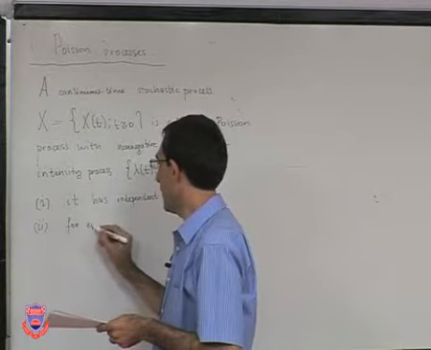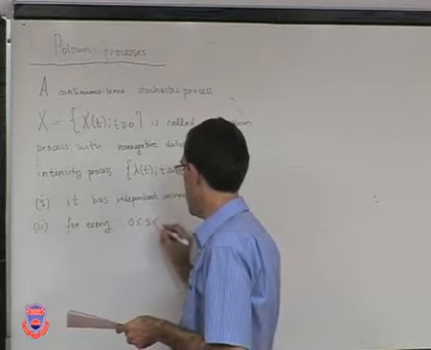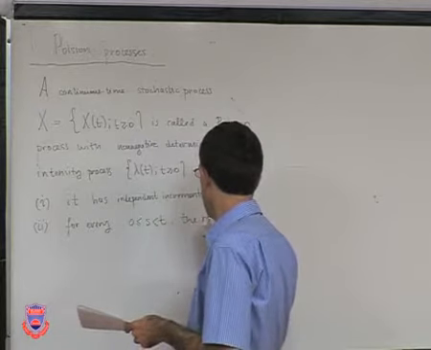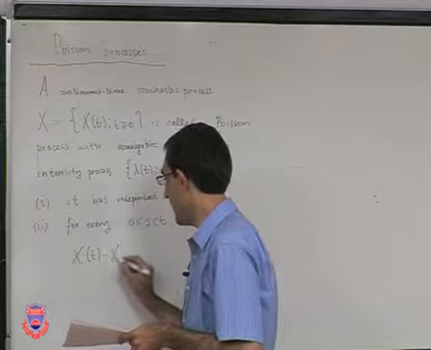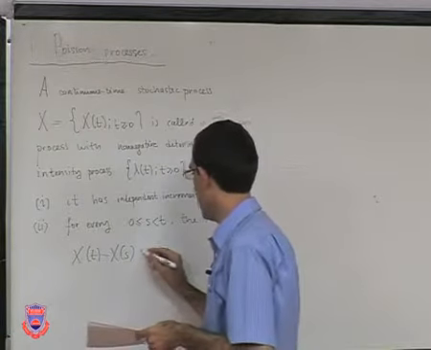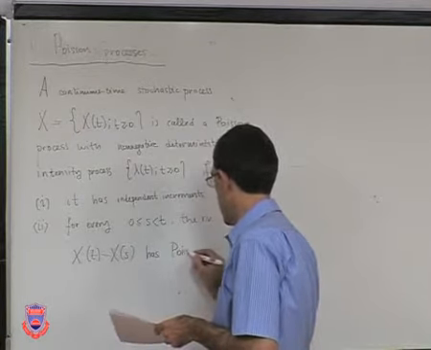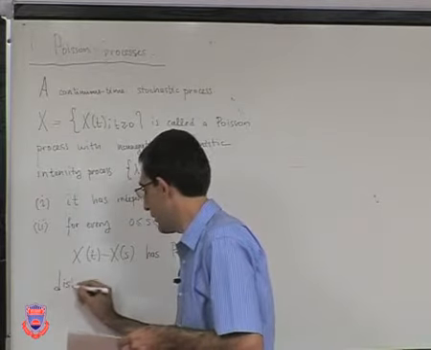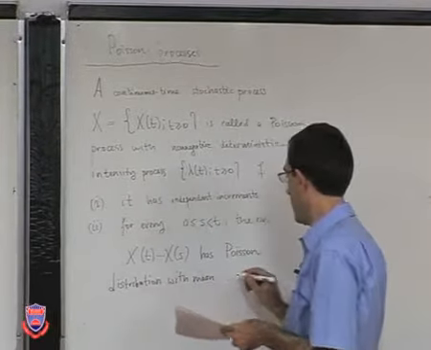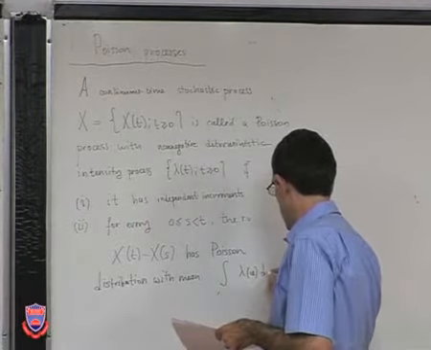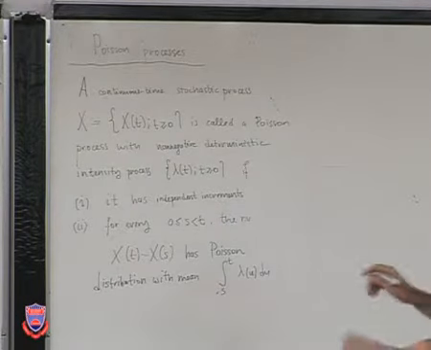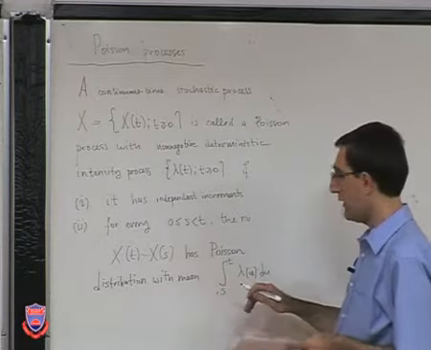Namely, for every S and T, the random variable XT minus XS, the change in the value of the process over the interval from S to T, has Poisson distribution with mean given by the integral of the intensity process over this interval.